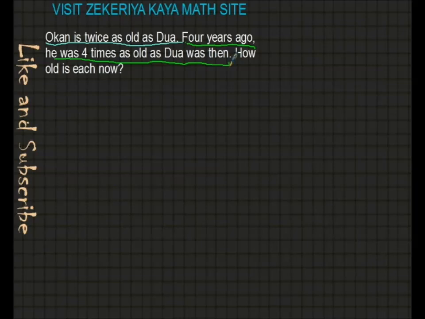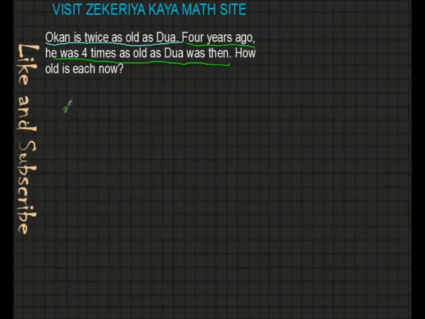So right now, what are the ages? There are two sentences. They give us a connection. First sentence gives us a connection about present time. The second sentence gives us a connection about 4 years ago.